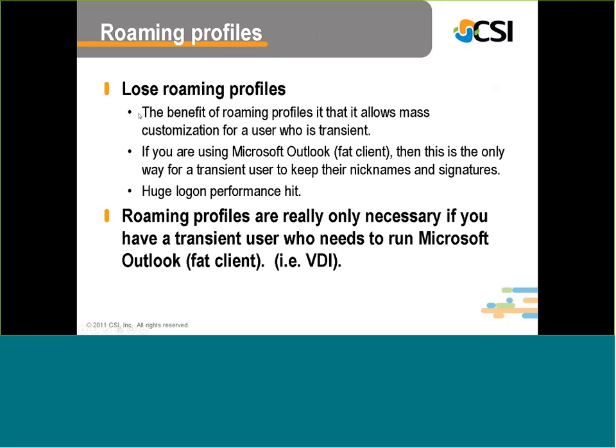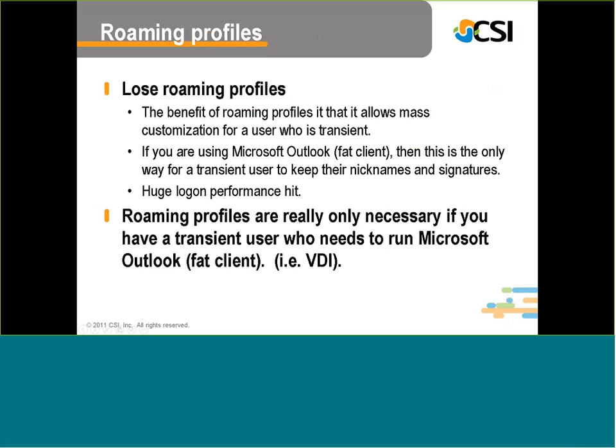Terminal Services has them. You probably have to keep those. Your ClassLink or something like that. It allows mass customization. That's great, but there's a big price to pay. If you're using a fat client like Microsoft Outlook versus the web client, it's the only way for the transient user to get their nicknames and signatures.